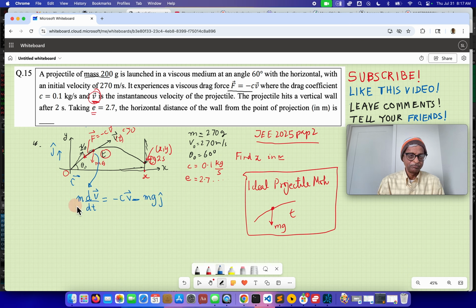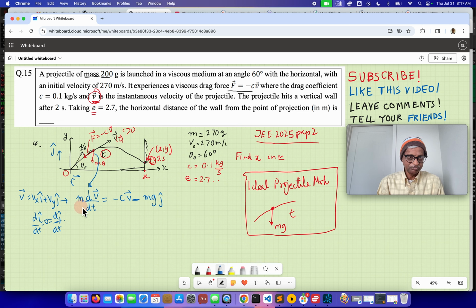So now if you write down components, write v equals vx i hat plus vy j hat. The derivatives of i hat and j hat with respect to time are 0, because Cartesian unit vectors don't depend on time.